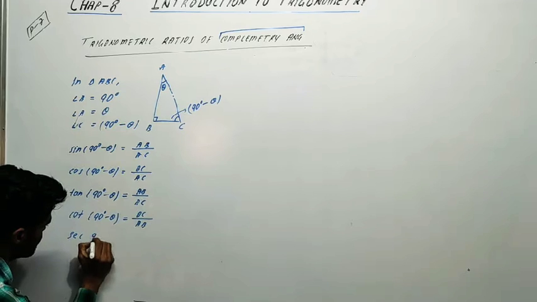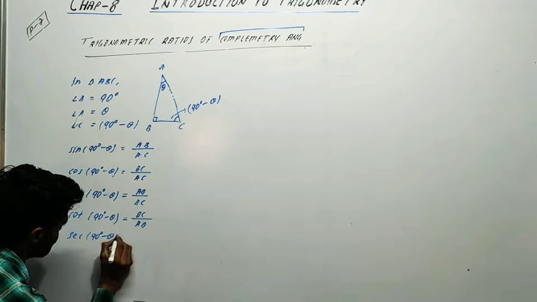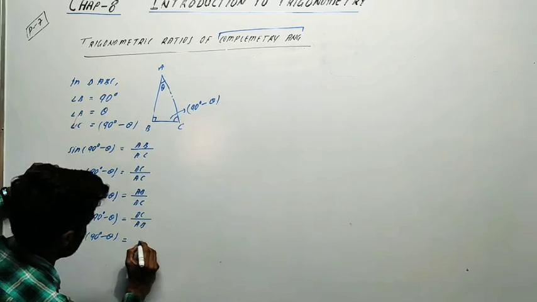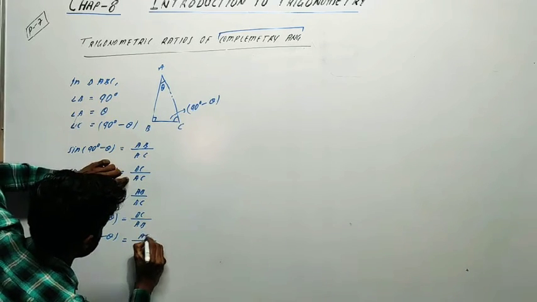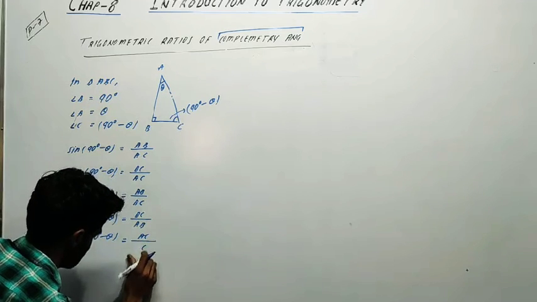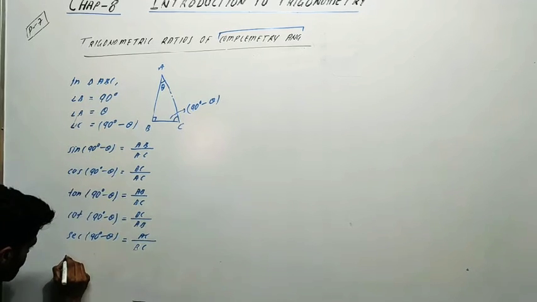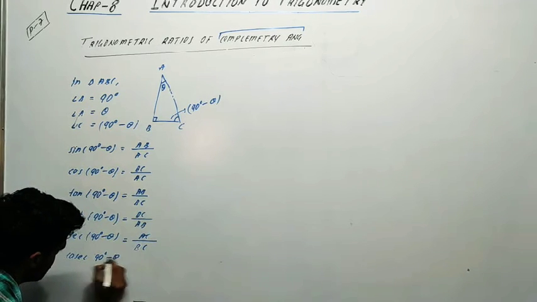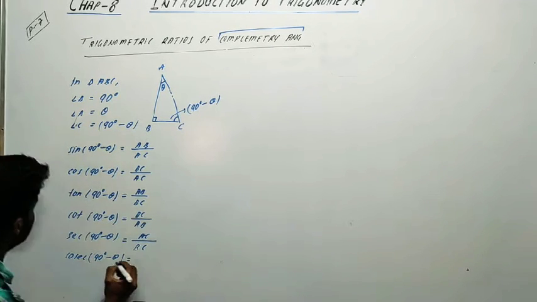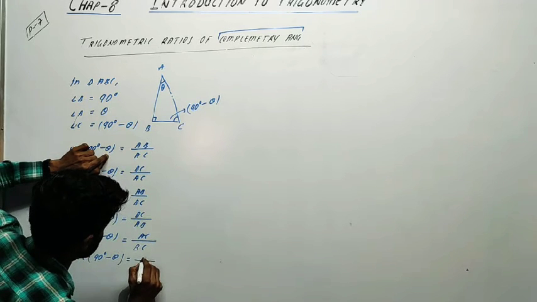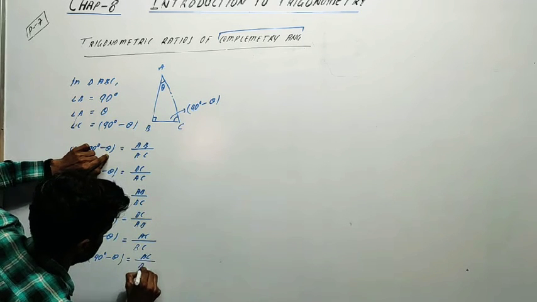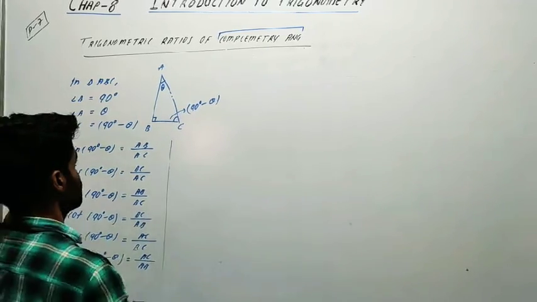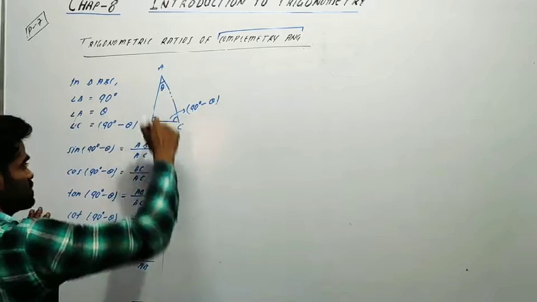Now sec 90 degrees minus theta, that is the reciprocal of cos 90 minus theta, that is AC upon BC, and cosec 90 degrees minus theta is equal to the reciprocal of sin 90 degrees minus theta, that is equal to AC upon AB. Now we will discuss the trigonometric ratios with respect to angle A, that is theta.